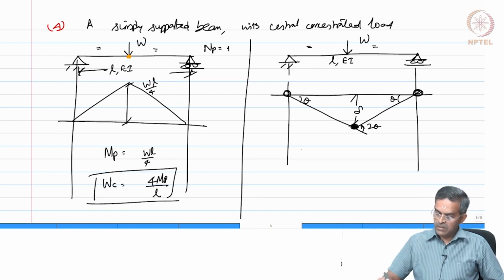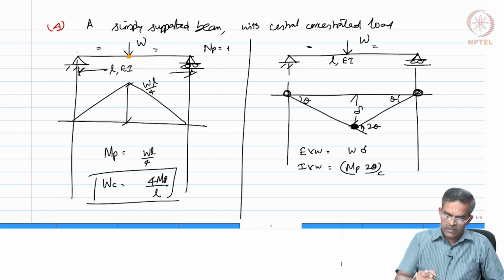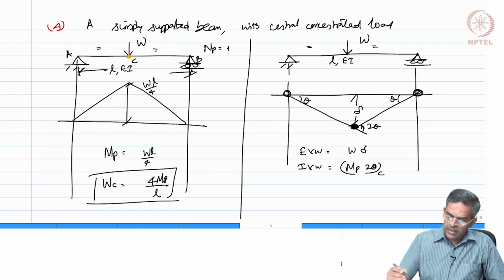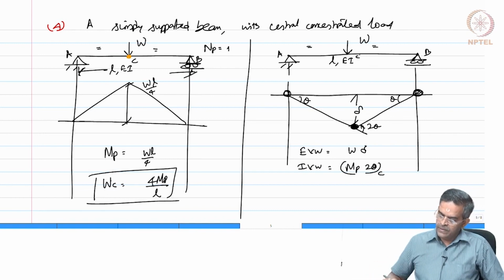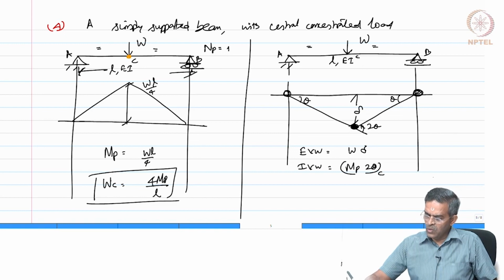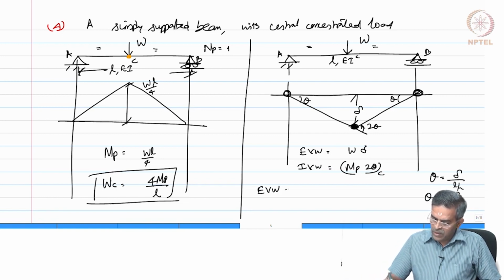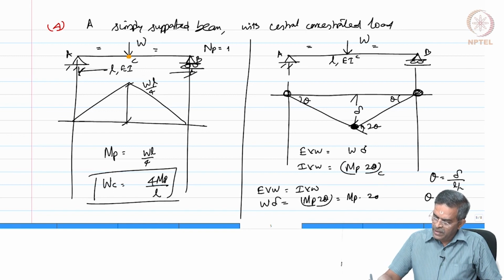Okay. So, the external virtual work will be W into del, the internal virtual work will be MP into 2 theta, which is at C. So, this is A, B and C. We also know theta is del by L by 2. So, theta is 2 del by L. So, equating external virtual work to internal virtual work, W into del is MP into 2 theta, which will be MP into 2 del by L. So, del goes away.